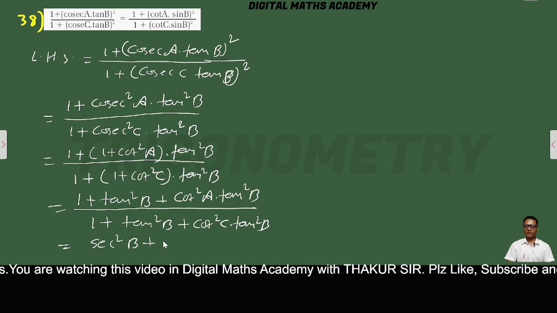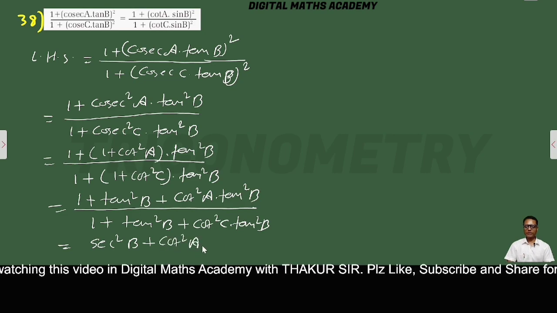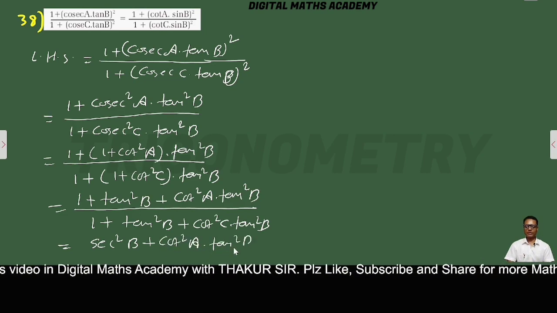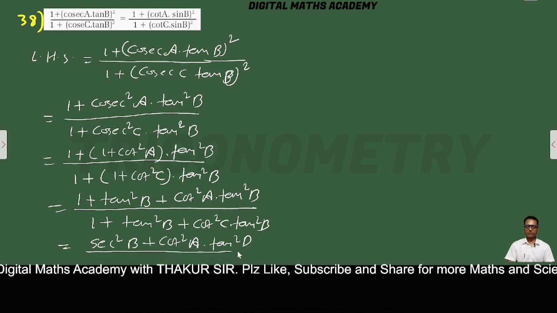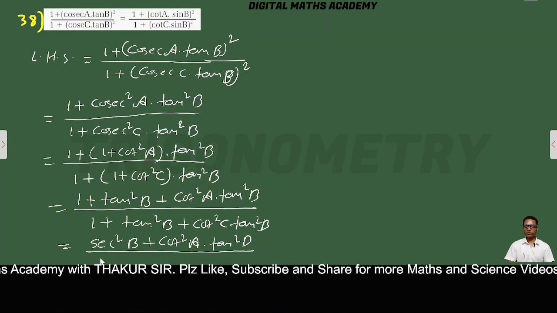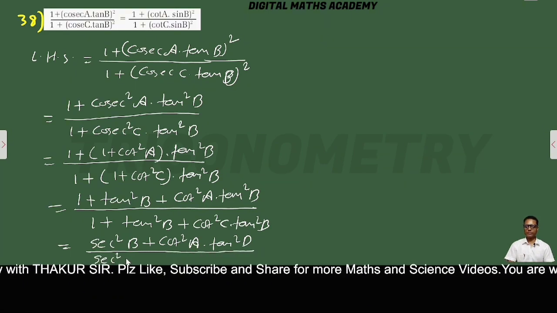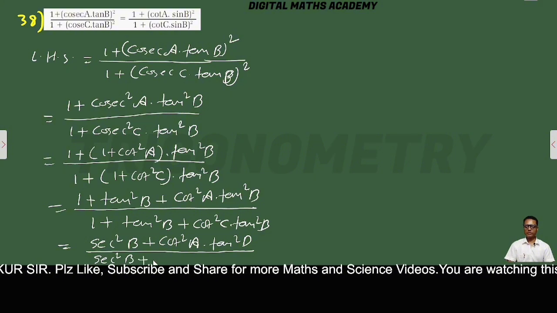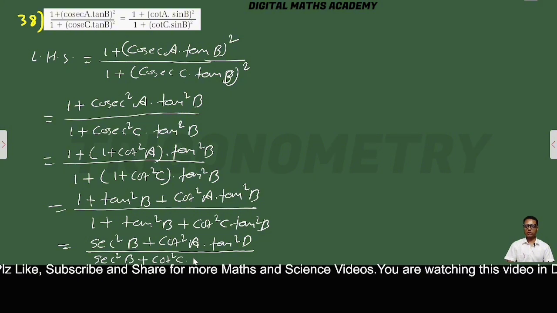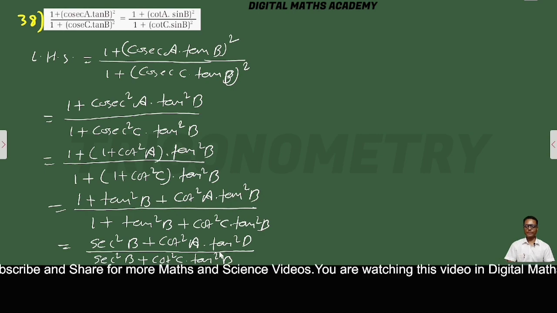Sec² B plus cot² A · tan² B, and at the denominator sec² B plus cot² C · tan² B.